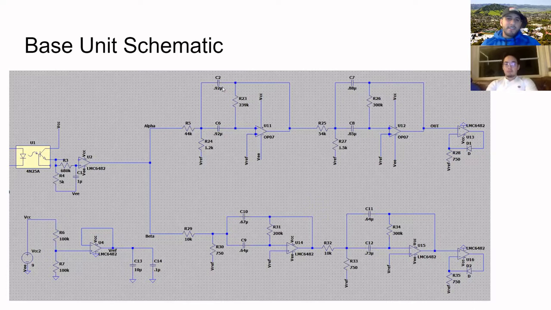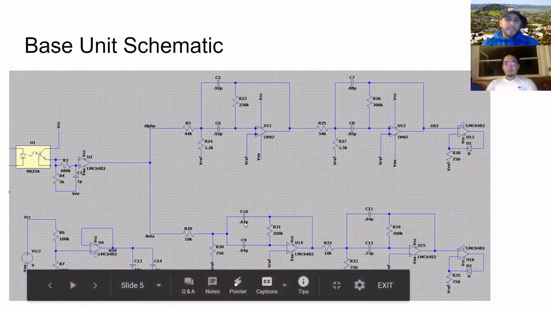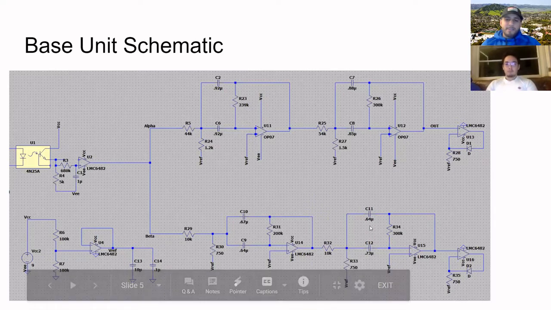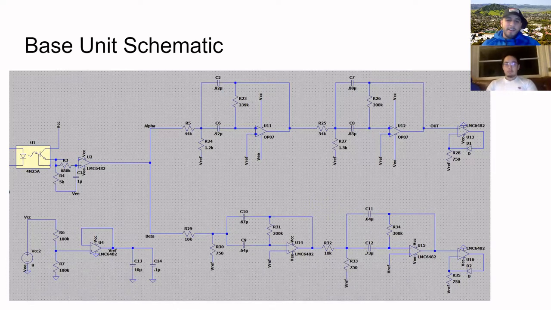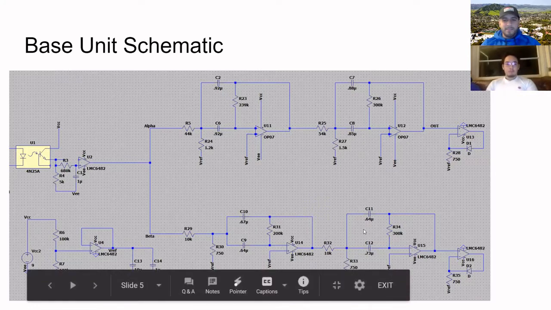We just used that in our simulation to tweak our alpha filter as needed. The same goes for the beta filter. These capacitor values should be nominally 0.68 microfarad, but when we measured them, they came out to these specific values.